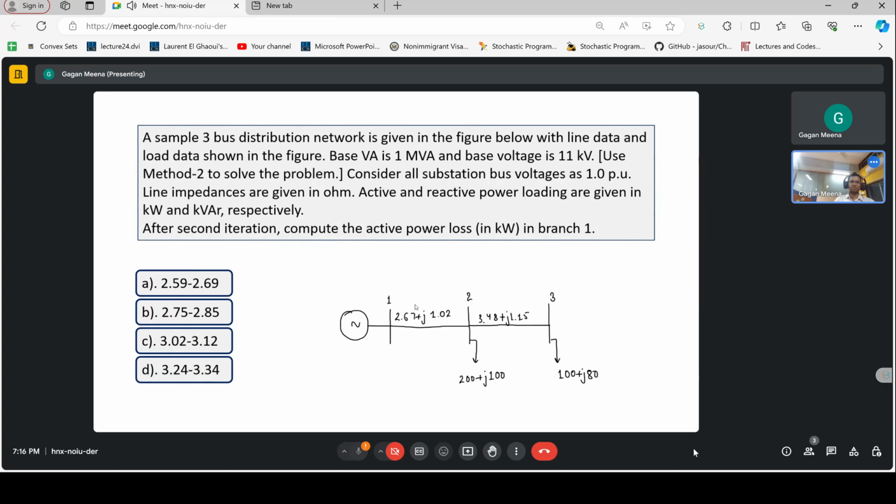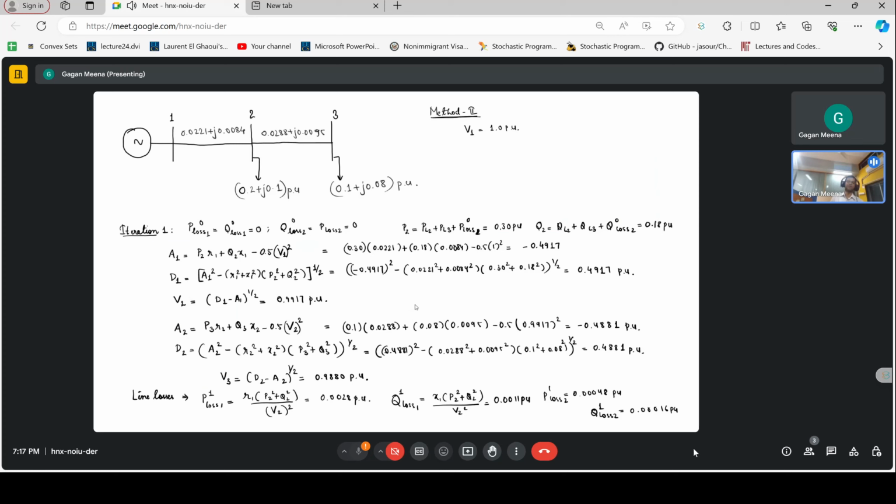Initially it is assumed that the losses are 0. Method 1 is assuming a flat start initially, so it gives two pieces of information, voltage magnitude and angle. Both are considered to be known, 1 angle 0.